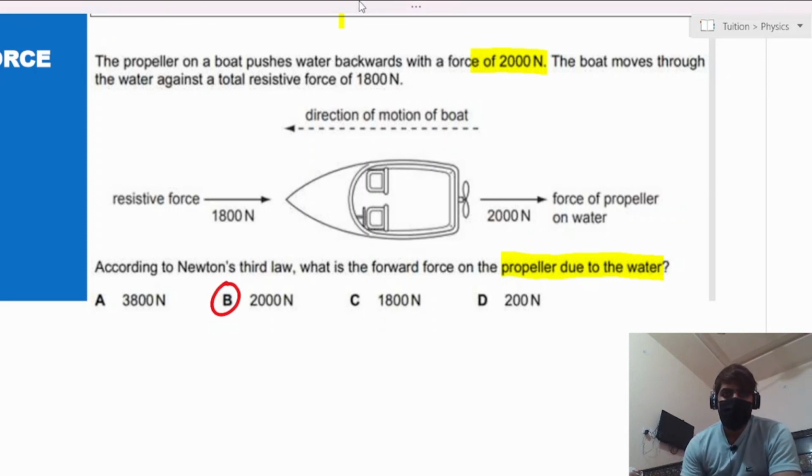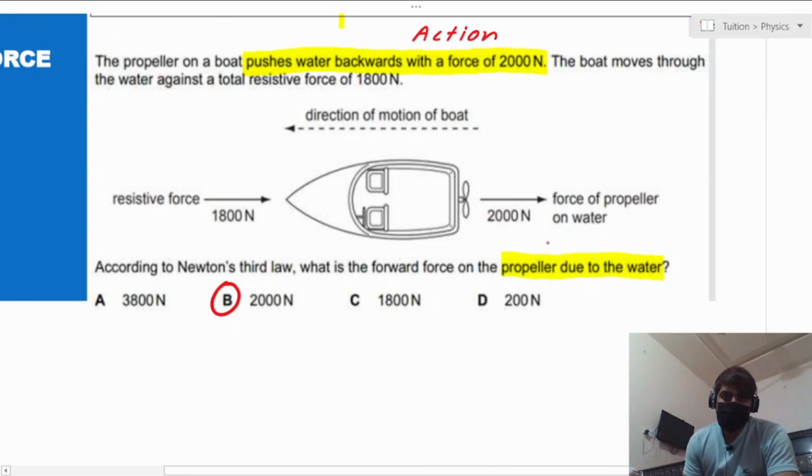So which is the reversal or the reactional force of this one. So this one was your action, and this is the reaction.